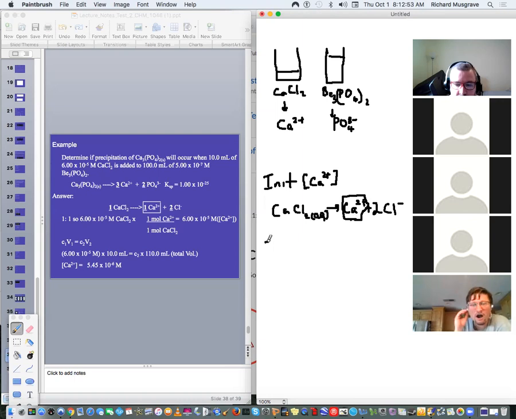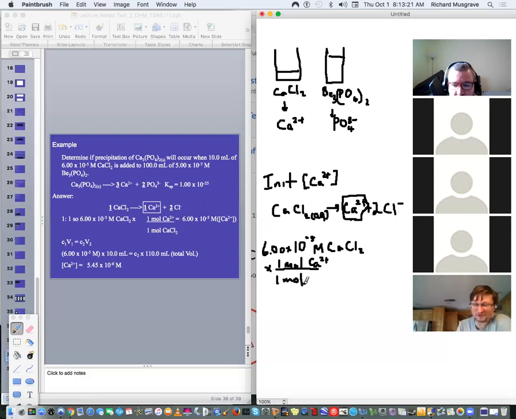So initially, here's what we know, is we're starting out with 6.00 times 10 to the negative 5 molar CaCl2 and we know that the CaCl2 breaks apart to give 1 mole of Ca2+ for every mole of CaCl2 that we started with.